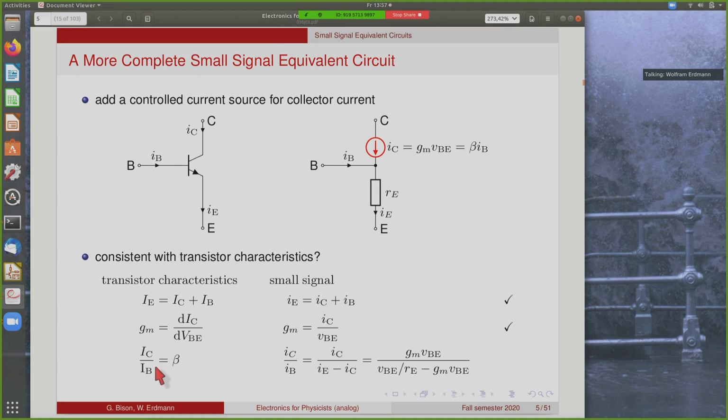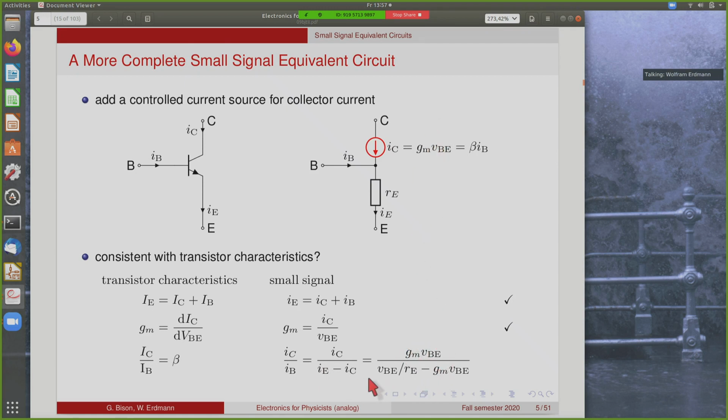The current amplification is given as the ratio of collector current and base current, which is beta, and this we have to check here. Now the ratio of the small signal collector current over the small signal base current is the small signal IC divided by the difference, emitter current minus collector current, which is the base current. And here we can now use for the collector current GM times VBE.